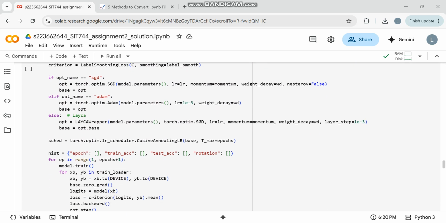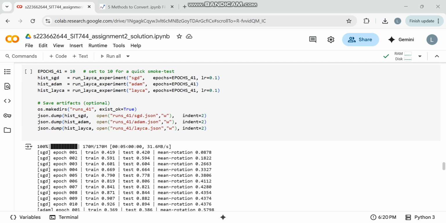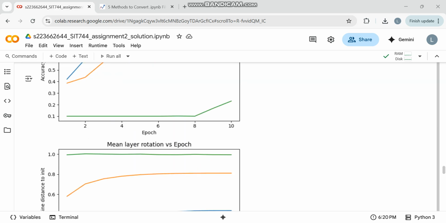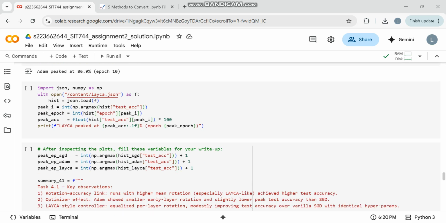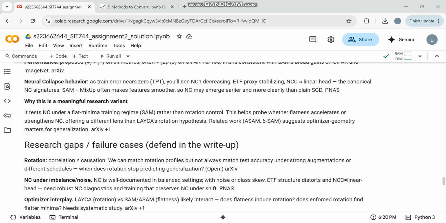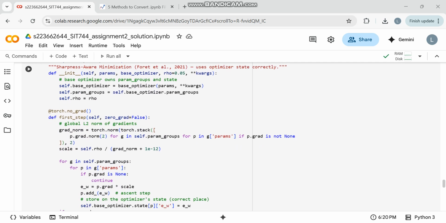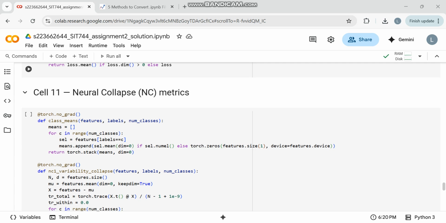What we'll discuss is neural collapse. You can see 4.2 has also been done, so neural collapse is there.